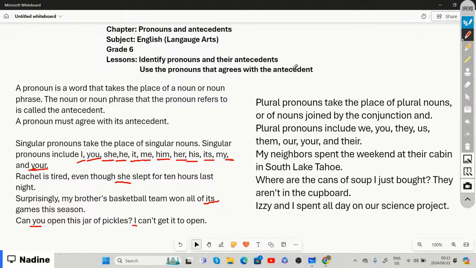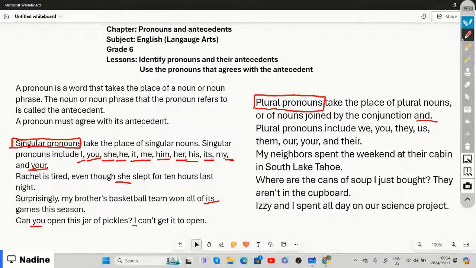And if we look at the plural pronoun, that's our plural, and we went over singular pronouns. Plural pronouns take the place of plural nouns or of nouns that are joined by the conjunction and. Remember, conjunctions are joining words.